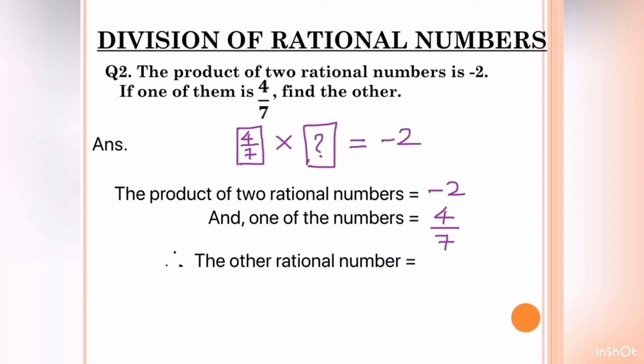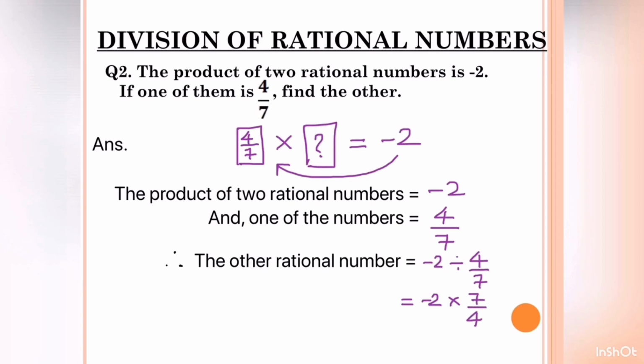Therefore, the other rational number is equal to minus 2 divided by 4 by 7. This expression is equal to minus 2 multiplied by reciprocal of 4 by 7, that is 7 by 4.